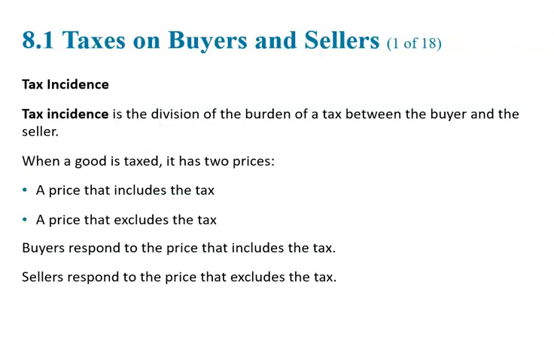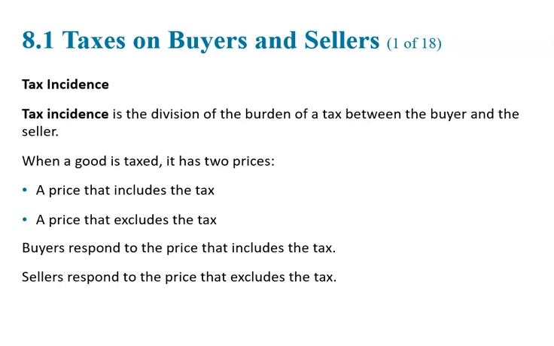So the first thing that we will take a look at is tax incidence, and it is just a fancy way of looking at what kind of burden a tax actually places on the buyer and the seller. When a good is taxed, it has two prices, a price that includes the tax and a price that excludes the tax.